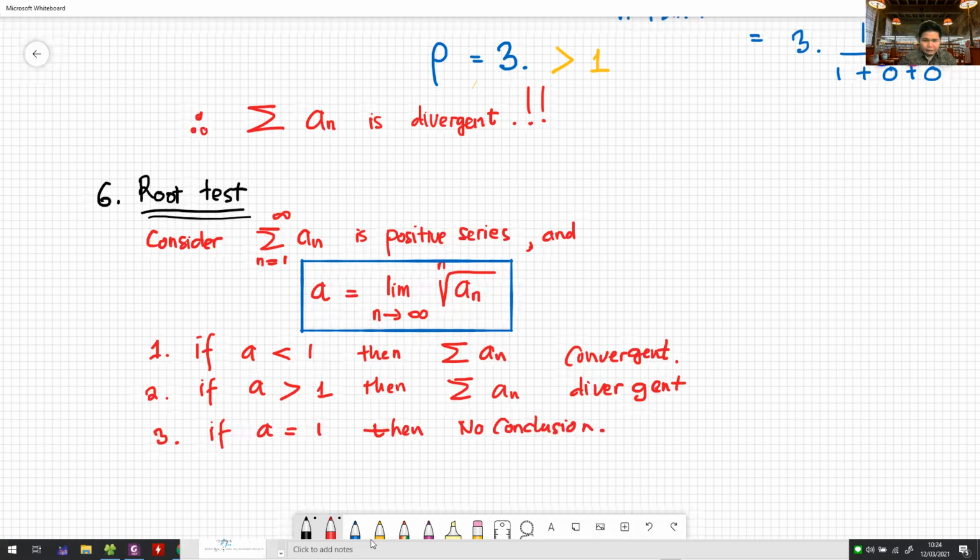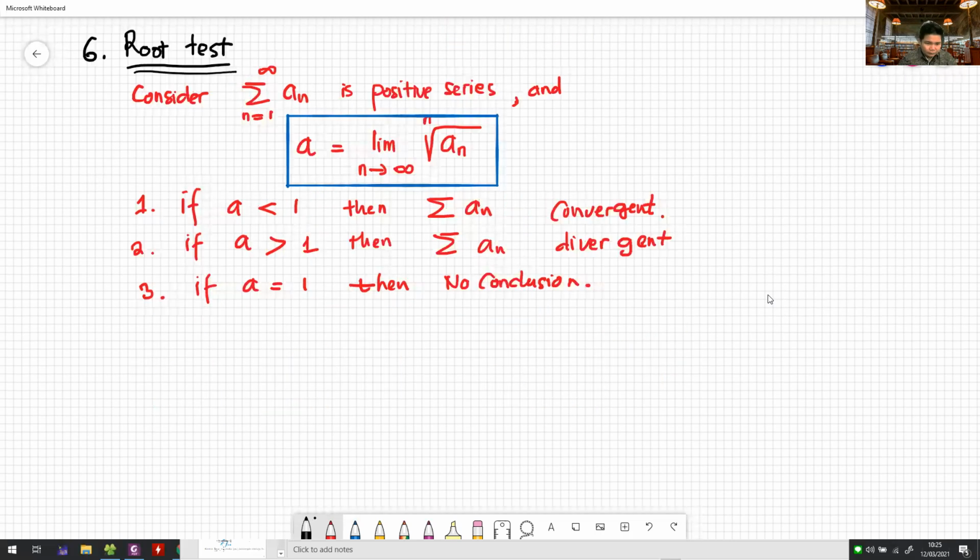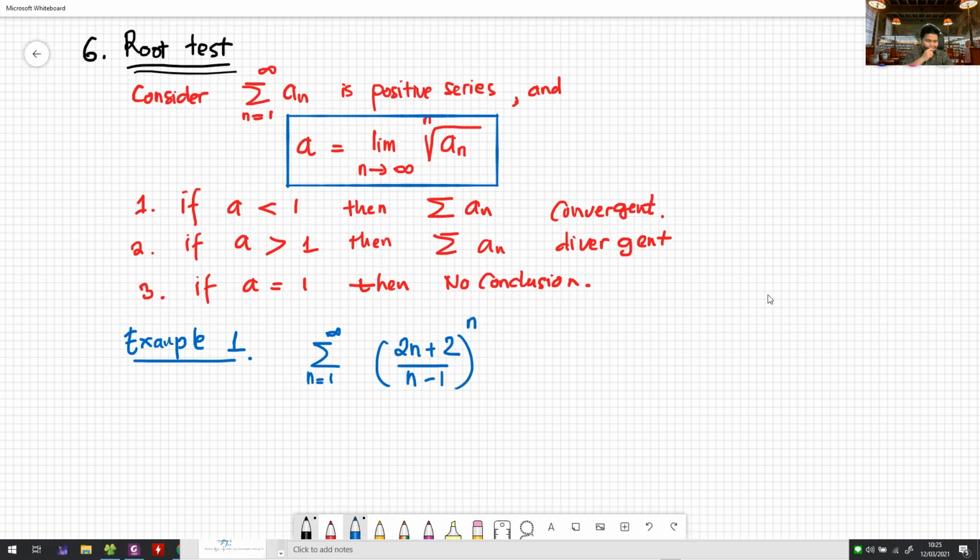Oke, jelas ya? Ini seperti apa sih sebenarnya a_n ini? We will check by example as usual. Example 1. I use this one. Test the convergency of the following form: the sum from n is 1 to infinity of (2n plus 2 divided by n minus 1) to the power of n.